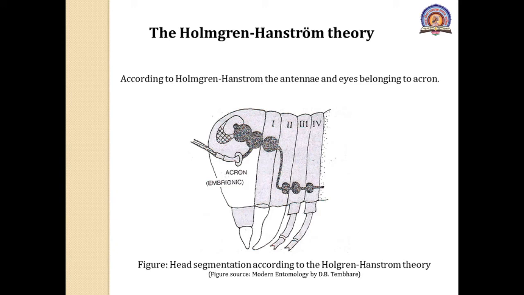They believe that the proto and deutocerebral part of the insect brain is secondarily differentiated from the annelidan brain, the so-called archaeocerebrum. So with this statement, they have maintained a close homology between the arthropod archencephalon and the annelidan prostomium.